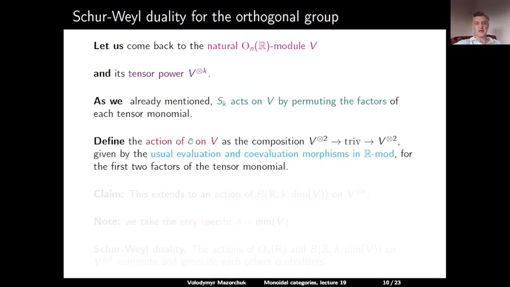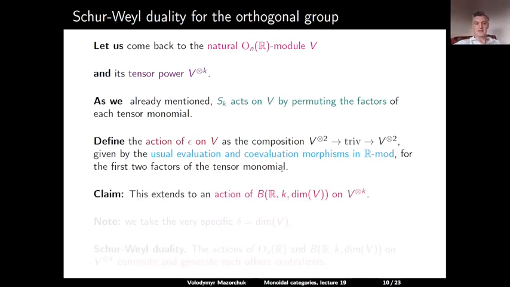Let us define the action of the element epsilon on V as the composition V to the tensor power 2, which projects onto the trivial module and then embeds back into V to the tensor power 2, given by the usual evaluation and co-evaluation morphisms in R-mod, where we do this for the first two factors of the tensor product, and then we take the identity map on all the remaining factors.